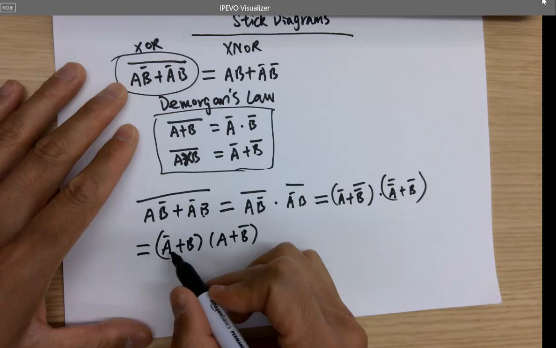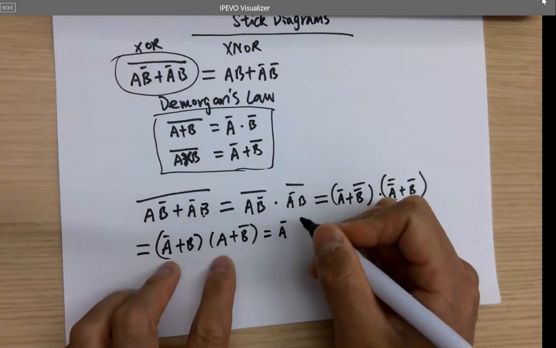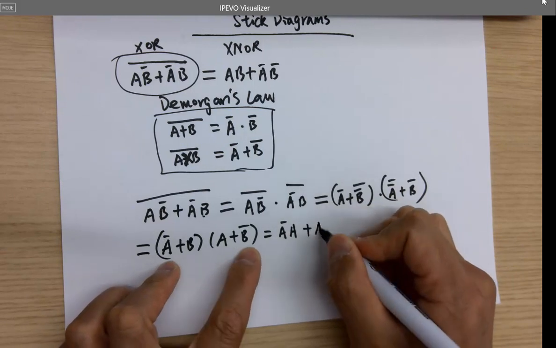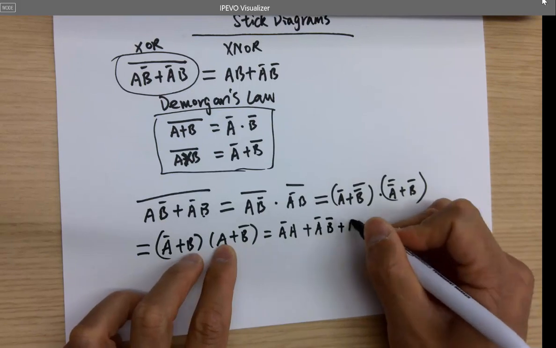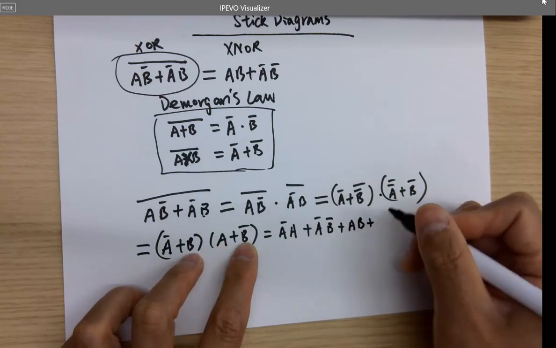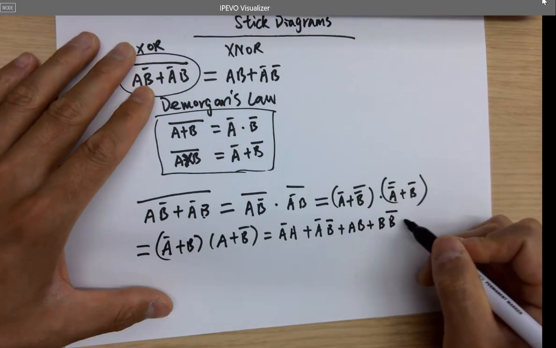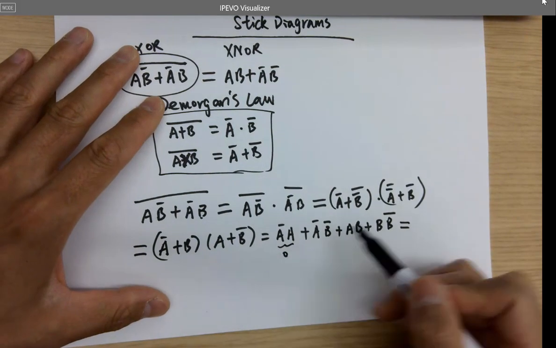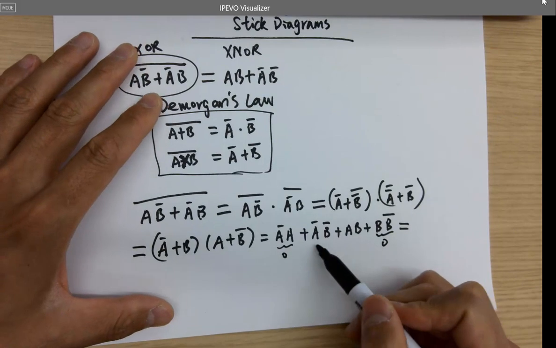Remove the parentheses or expand it. It becomes A not, so this and this, A A not, or A not B not, or AB, or B B not. And this is 0, and this is also 0. 0 or something is still that thing, right?